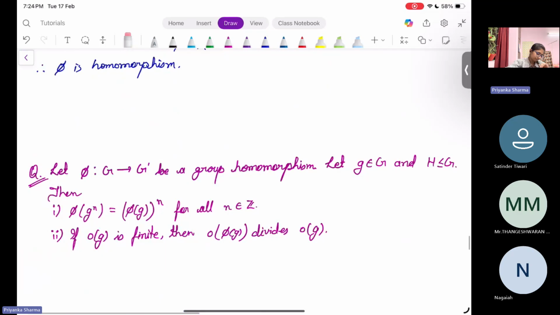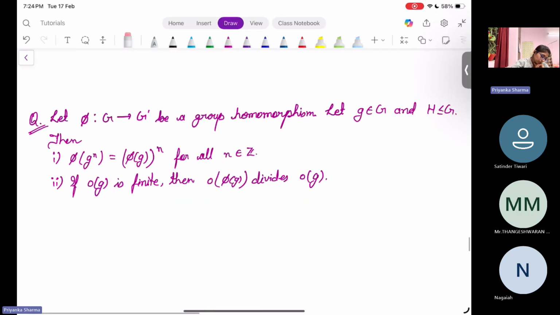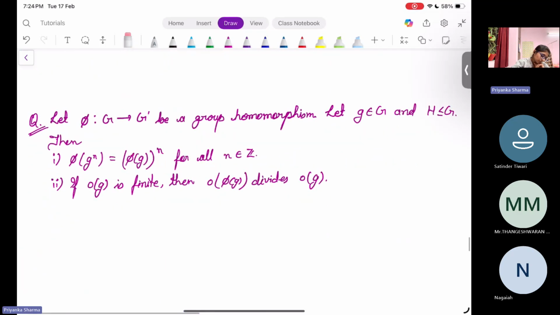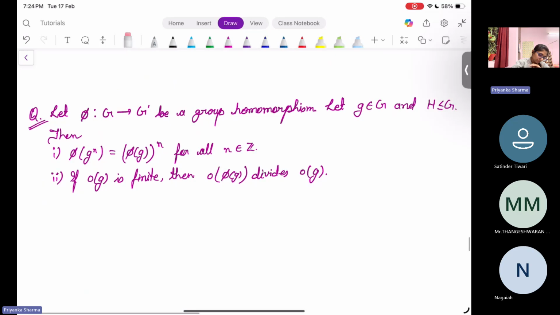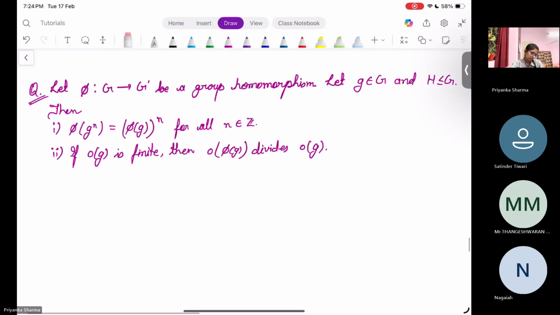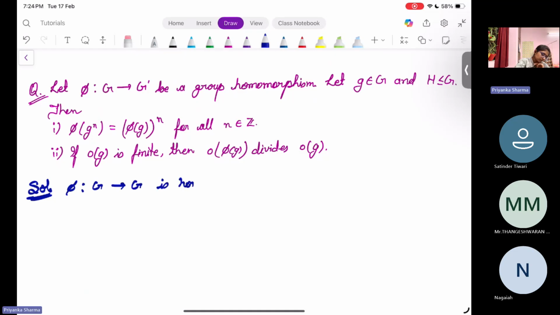Next question. Let G and G dash be two groups and phi is a group homomorphism from G to G dash. Consider some element g in the group G and H, which is a subgroup of G. Then we have these two statements and we need to prove this. So phi from G to G dash is a homomorphism.